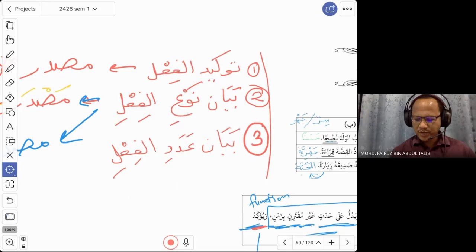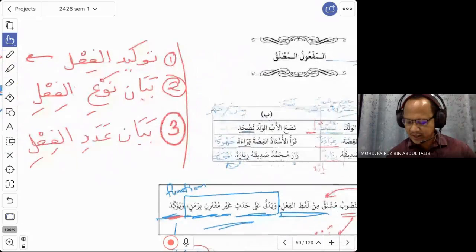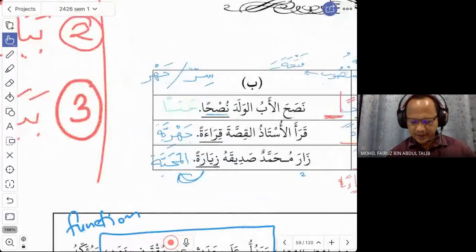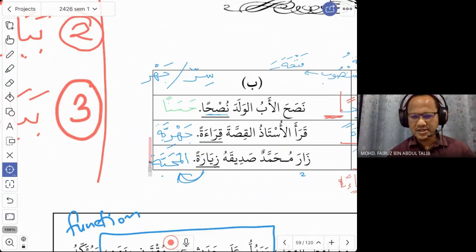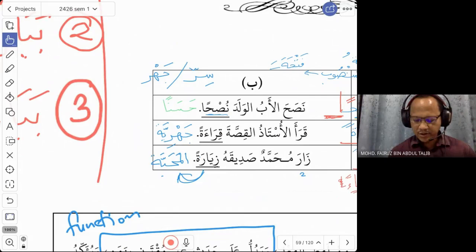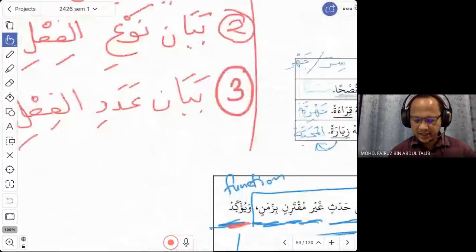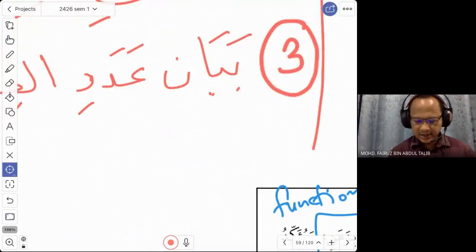Okay, so what is the example? Maybe we can take example number 2. Qara'al ustazul qissata qira'atan. Just now we used a normal adjective, qira'ah jahriyah, to explain the type of the verb. But now we want to explain how many times he read the text, for example.